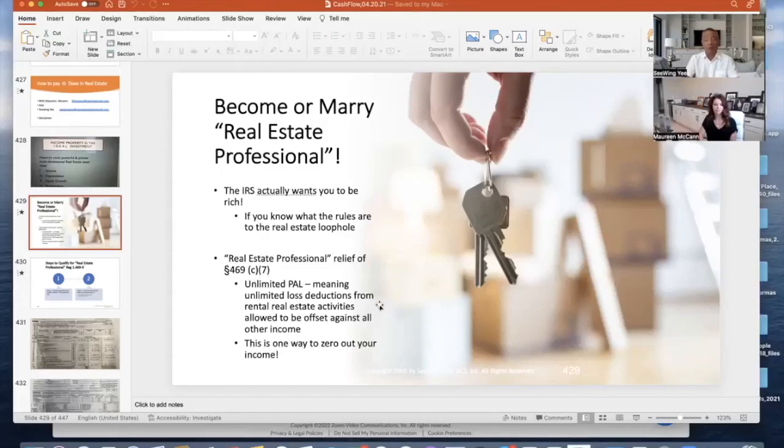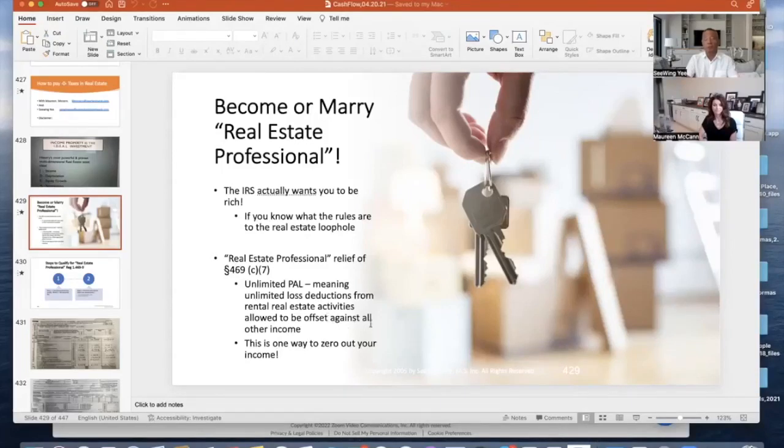It allows you, especially when you are earning a very high W-2 income, say six-figure income, and at the same time you have a lot of real estate holdings in your portfolio, to deduct unlimited passive loss deductions.